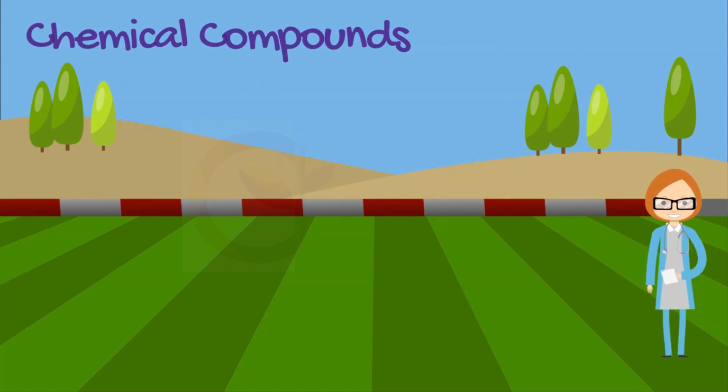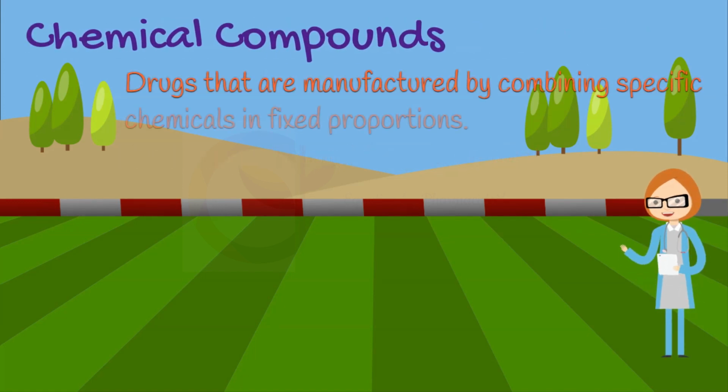Alongside them, the FFDCA makes a further designation between chemical compound drugs and biologic drugs. Chemical compounds are drugs that are manufactured by combining specific chemicals in fixed proportions. These are the drugs that most of the big pharmaceutical businesses market.